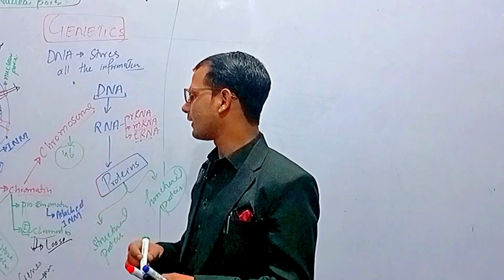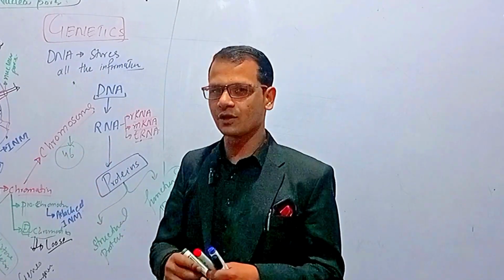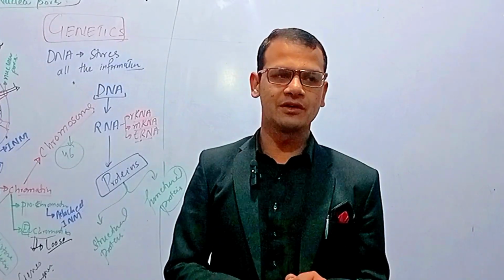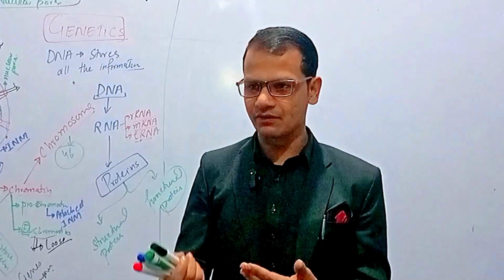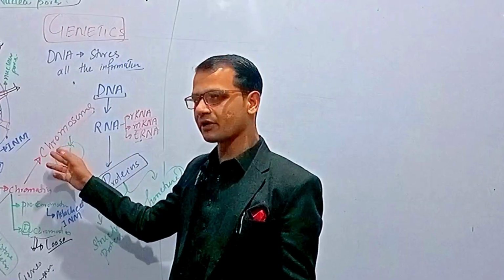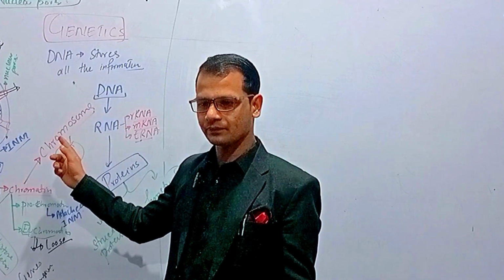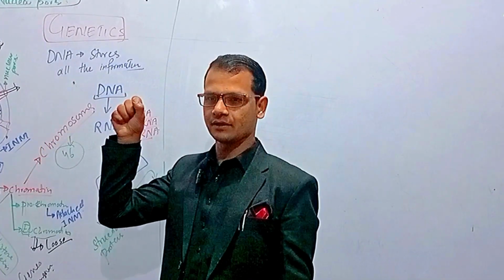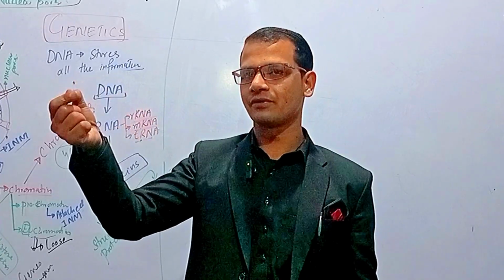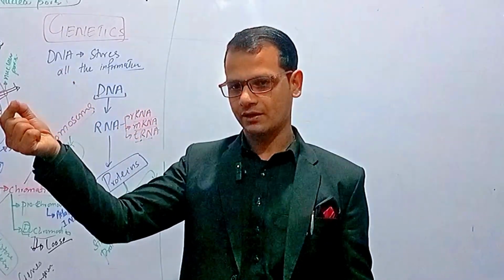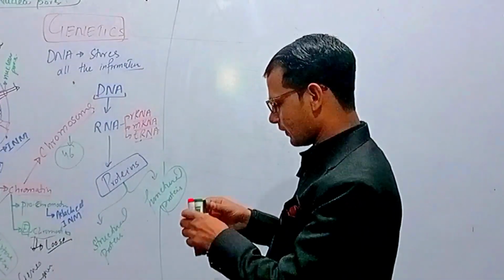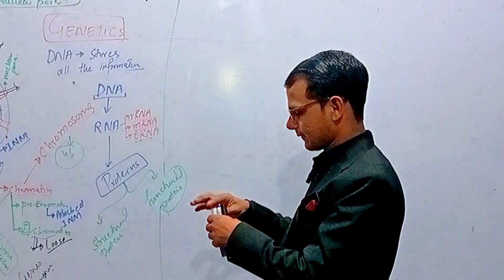This means that if the chromosome number in a cell is 46, this is the cell of a human, right? So we will take one chromosome from these 46 and zoom in to see how this chromosome is made up of DNA and how this DNA is formed, right? So we will take one chromosome here.